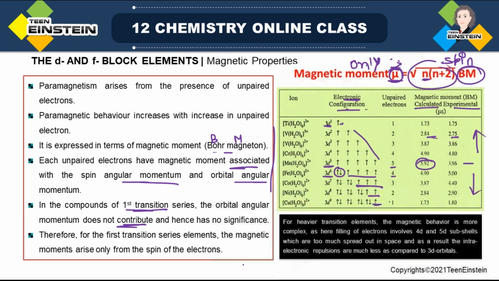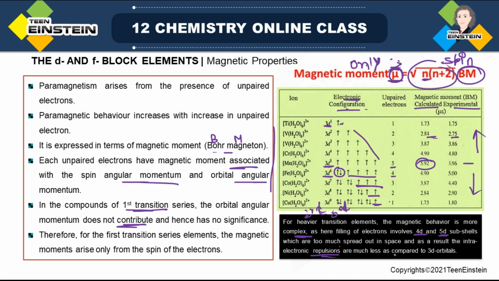For heavier transition elements, that means second transition series, third transition series, here what happens? The magnetic behavior is more complex. Here filling of electrons involve 4d and 5d, not 3d, that is for first transition series. Now 4d and 5d compared to 3d, they are too much spread out in space, and as a result, inter-electronic repulsions are very much less compared to 3d orbital, and that is why orbital contribution will be generated.